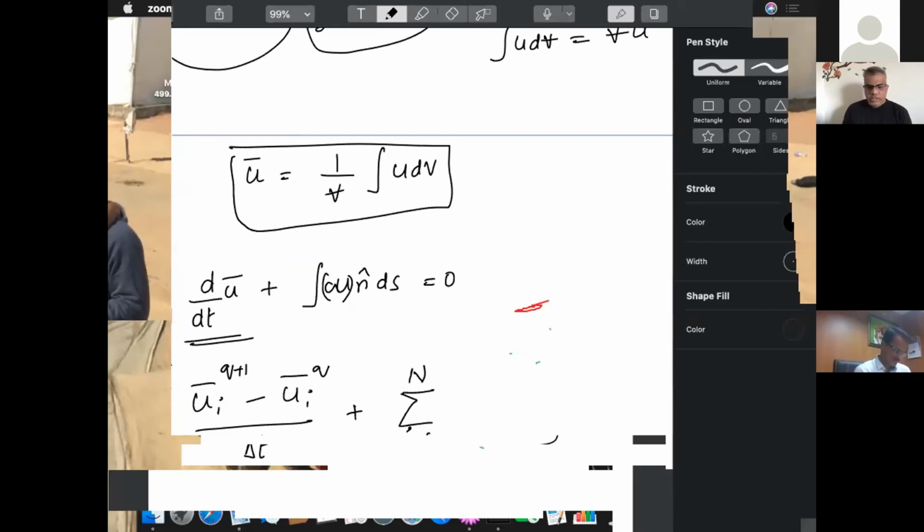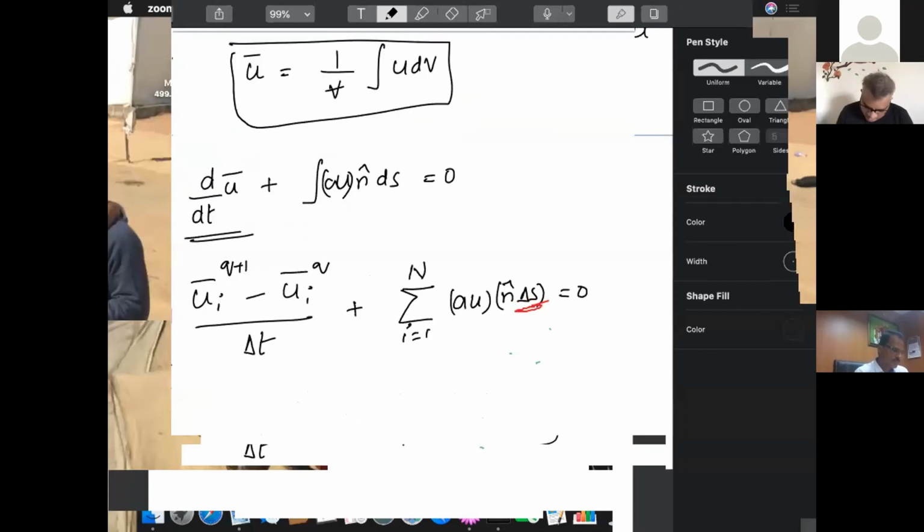In 2D, based on the geometry, if you are using triangles, you have 3 faces. If you are using quadrilaterals, you have 4 faces. If you are using hexagons, you have 6 faces. So based on the type of grid you use, the number of faces for the control volume keeps changing. So summation of a u n delta s equal to 0. I'm approximating this integral by this expression, and this derivative by this expression.